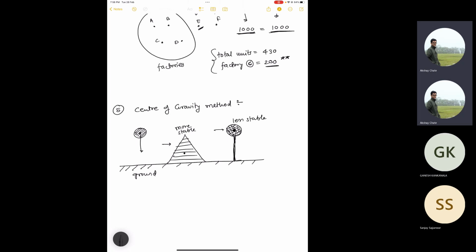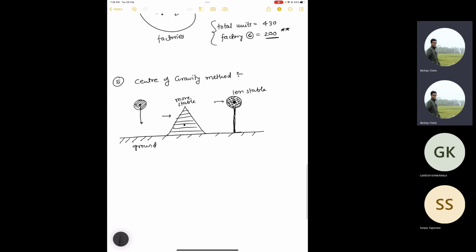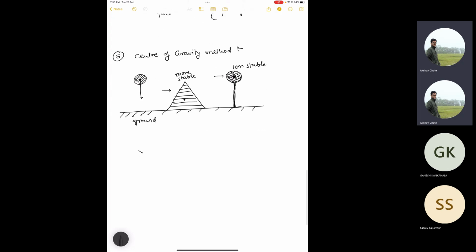So if you use the same analogy here, let's say you have four factories like this A, B, C, D, and now you have a choice. You are a CEO of the company, and you want to make a choice that where you want to put the warehouse.